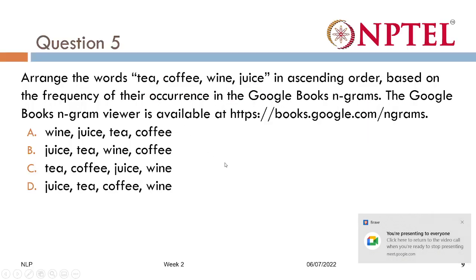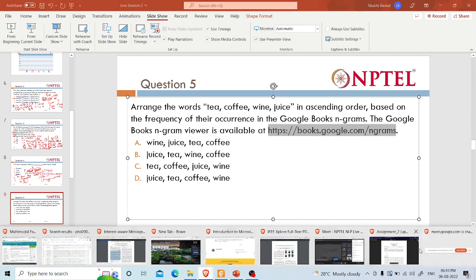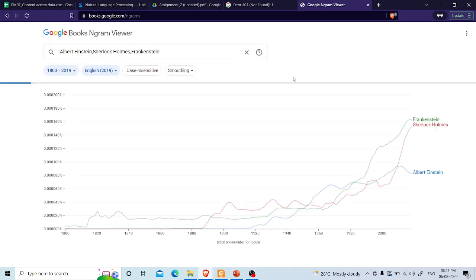Now they say you are given the Google Books Ngrams corpus and you are to arrange the words tea, coffee, wine, and juice by the frequency of their occurrence in the Google Books Ngrams. I think this URL is not working. We'll check it again. Okay, this URL is working.